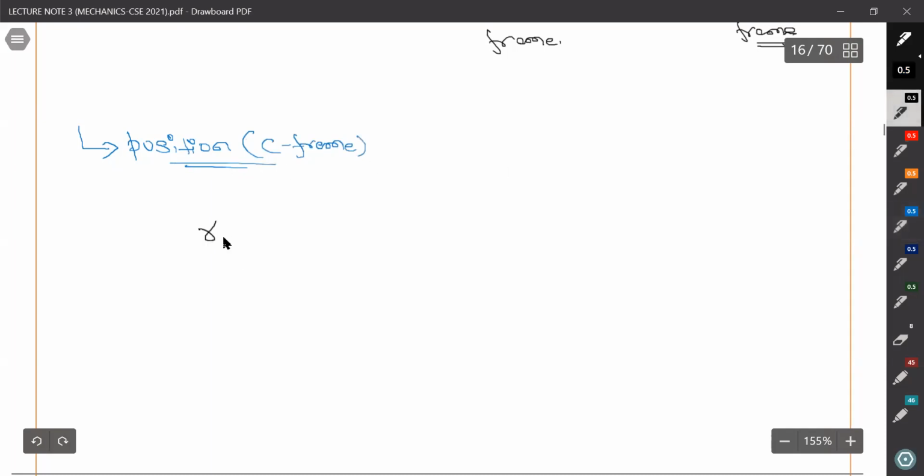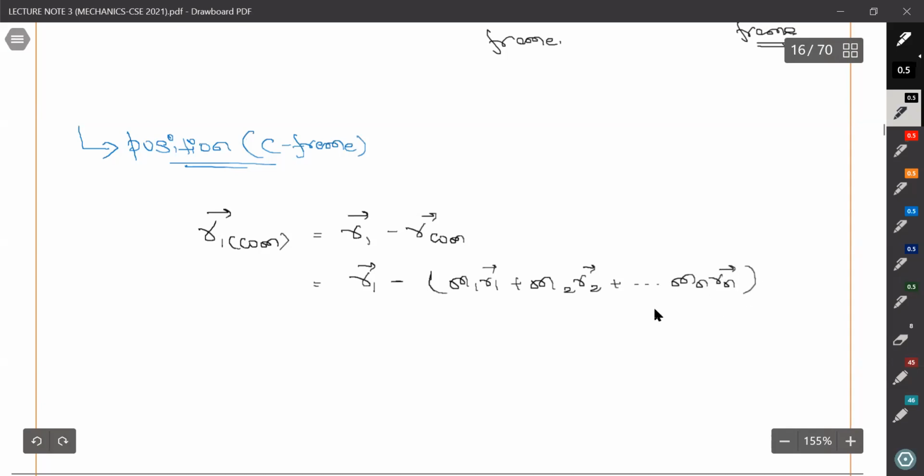Suppose R1 with respect to center of mass will be what? R1 minus R center of mass, that we have discussed above also for 2 particles. For n particles we can write it down, R1 minus what? It will be m1 r1 plus m2 r2 so on mn rn upon total mass M.